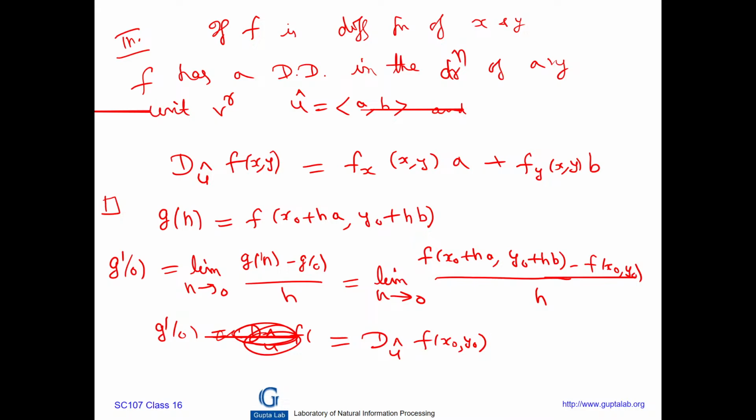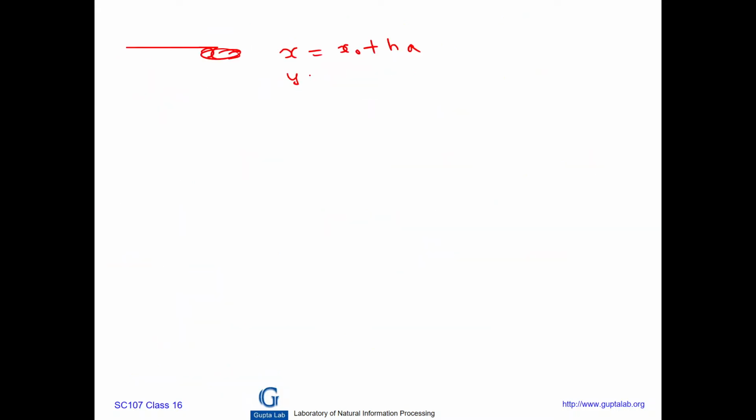So now g of h is what? f of x comma y, this is what it was. I have just substituted the value of x comma y there, if you remember. So we have x is nothing but x naught plus ha and y is nothing but y naught plus hb. These things we know.